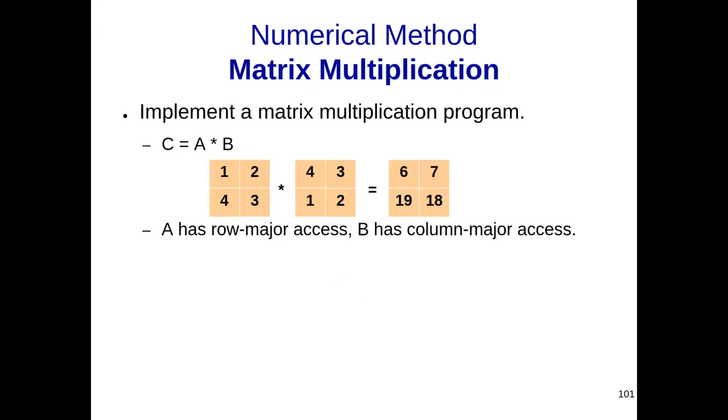The A matrix has a row major axis, whereas the B matrix has a column major axis, and that matters a lot when we are dealing with cache memory accesses in a matrix multiplication program.